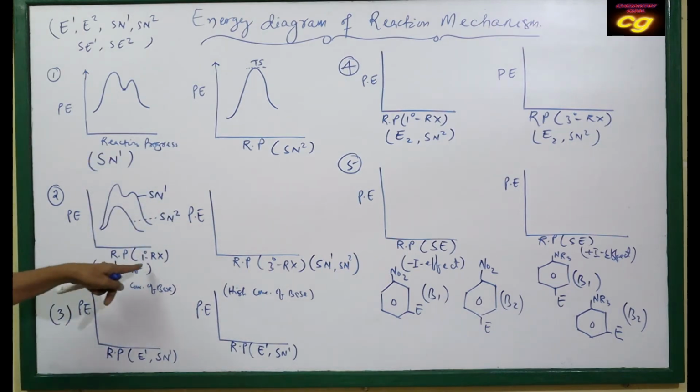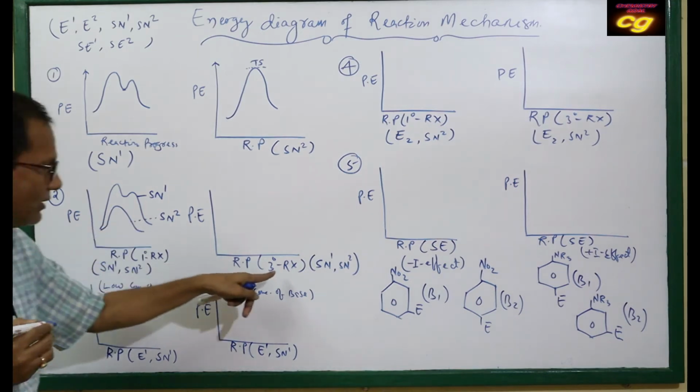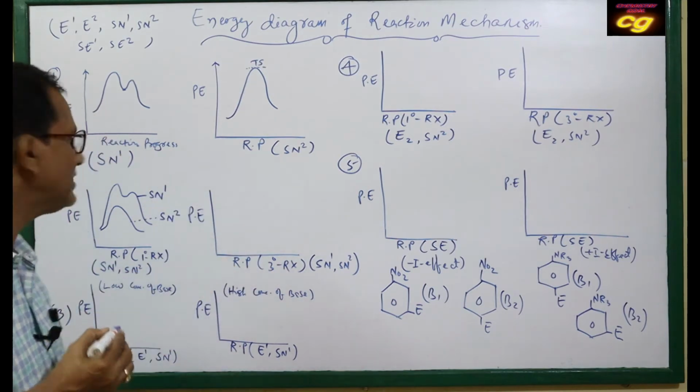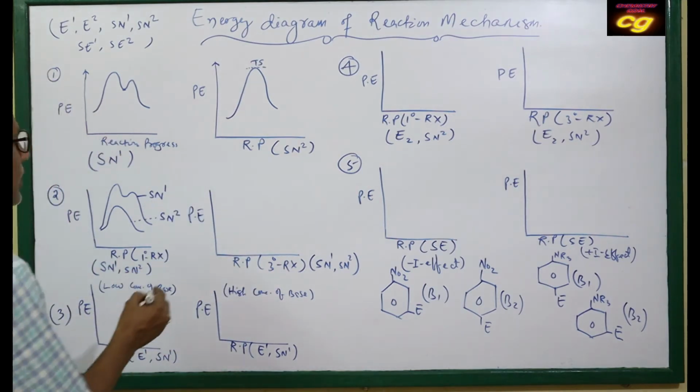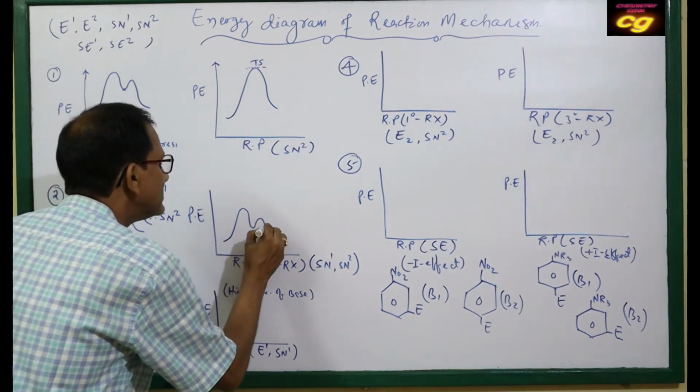For primary haloalkane SN2 will be faster, but in case of a tertiary, SN1 is preferred. SN1 preferred means the reaction will be a two step process like this.